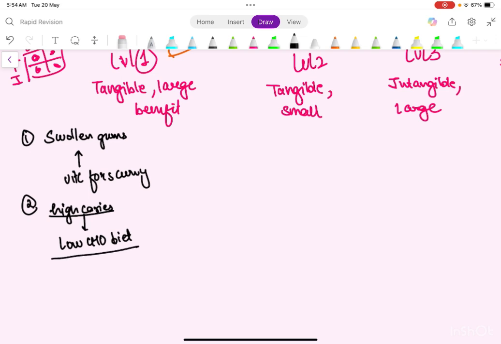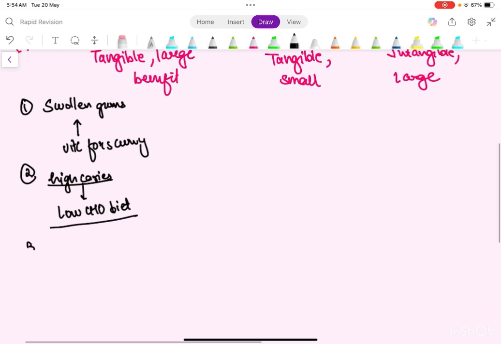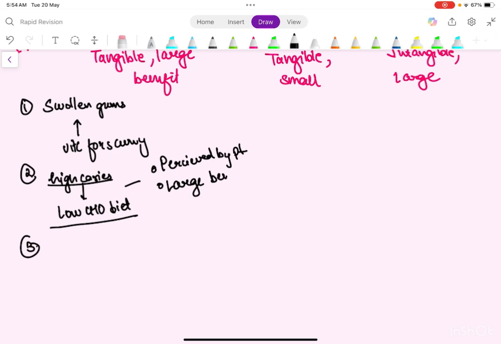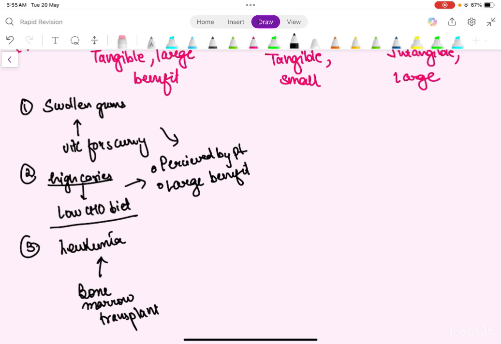The caries will decrease, and this is also perceived by the patient, and it is a large benefit. The third example is a patient with leukemia whom we cure through a bone marrow transplant. This is the mega example of level 1.